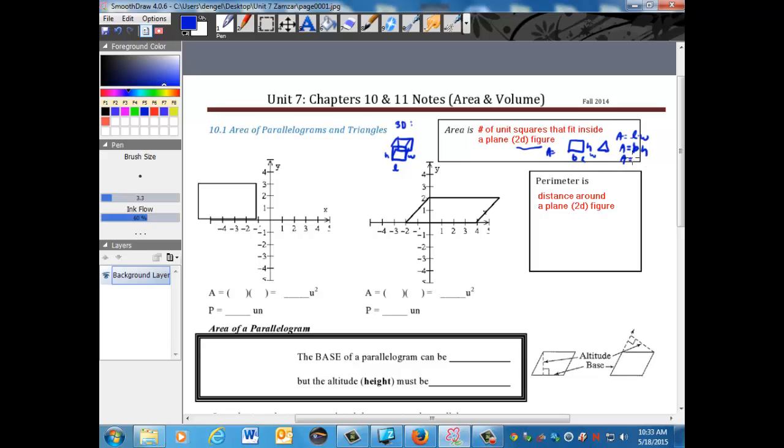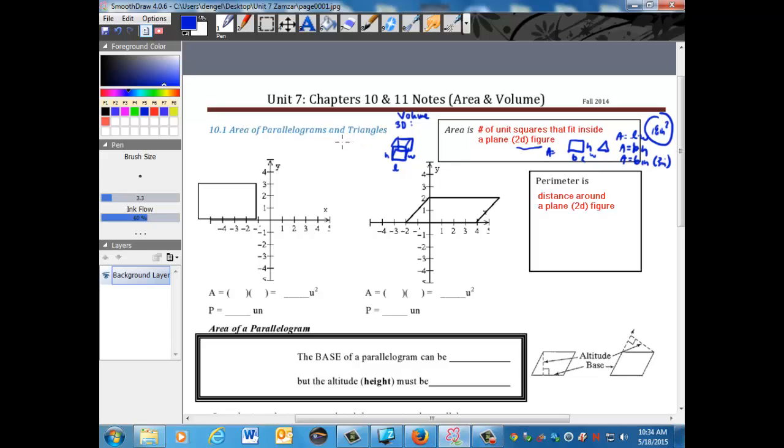When we solve the area on a 2D shape, our units will be squared, because we could have 6 inches multiplied by 3 inches, and that would give us 18 inches squared. That's why the area is always squared, because we're multiplying inches by inches, feet by feet, meters by meters. When we get to the area of a 3D shape, it's going to be called volume, and it's the number of unit cubes that we can fit inside.